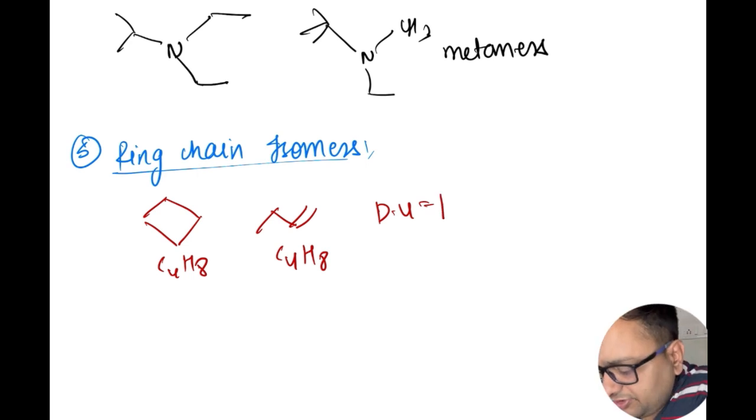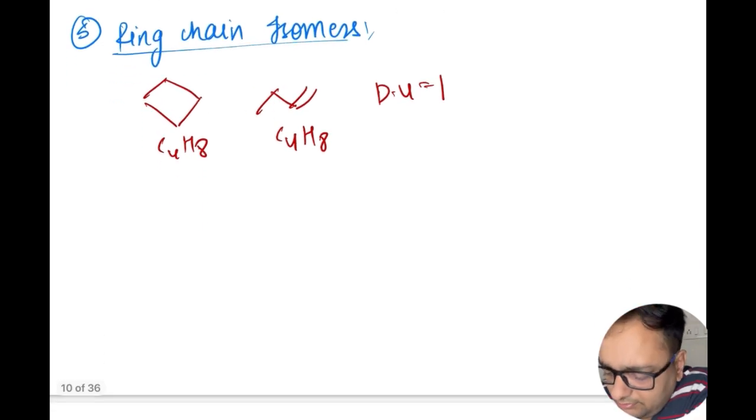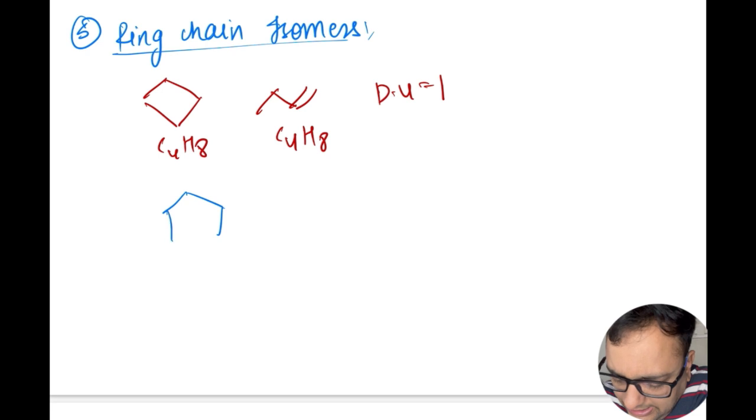In degree of unsaturation, both have 1, meaning the compounds should have the same degree of unsaturation. One has to be a ring and one has to be a chain, like this compound and this compound.